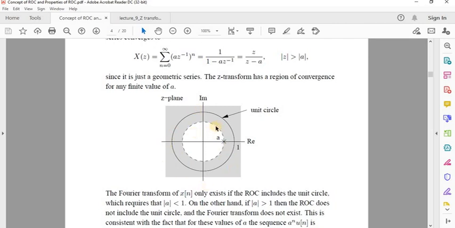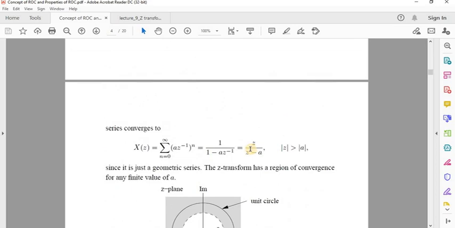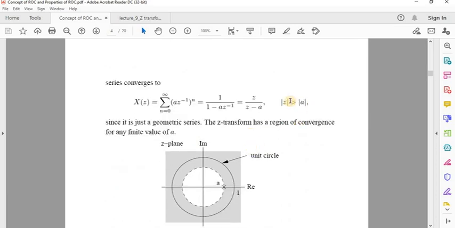You can see here this is the Z plane. We have to indicate the region of convergence. What is given is that Z should be greater than alpha. So we plot alpha anywhere on the positive real axis.